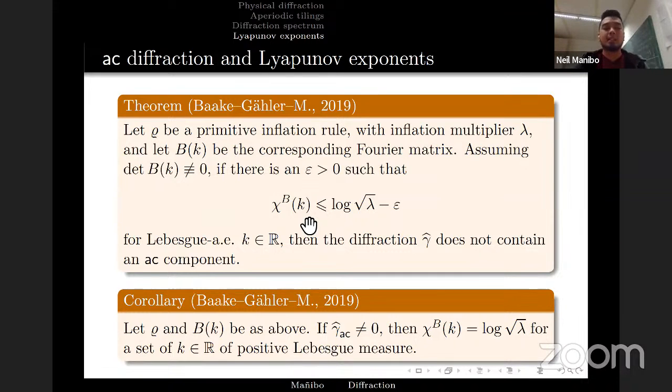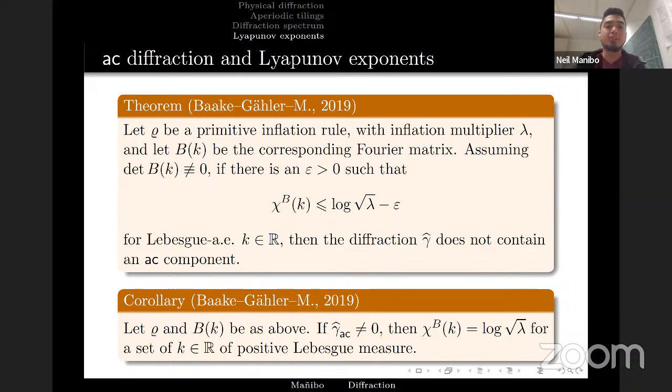This is a very technical result, but the point is, if you have this bound for the Lyapunov exponent, and you assume that you have a non-trivial AC component, then the Radon-Nikodym density associated to it will grow exponentially. And this exponential growth rate is not allowed for the systems we're looking at, because it's going to contradict some boundedness properties of the measure.